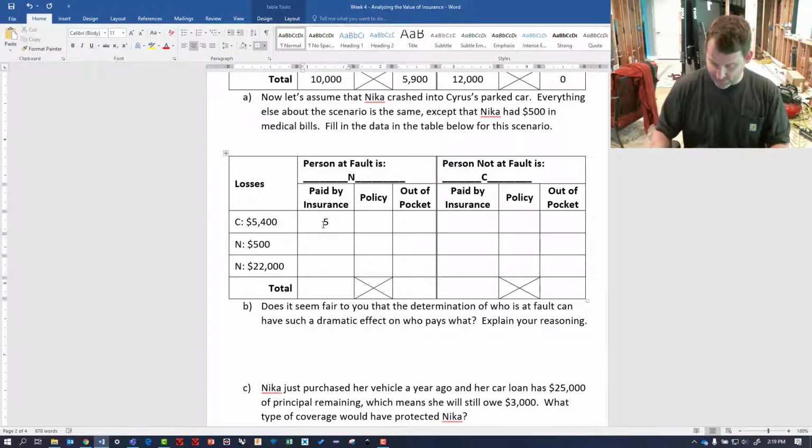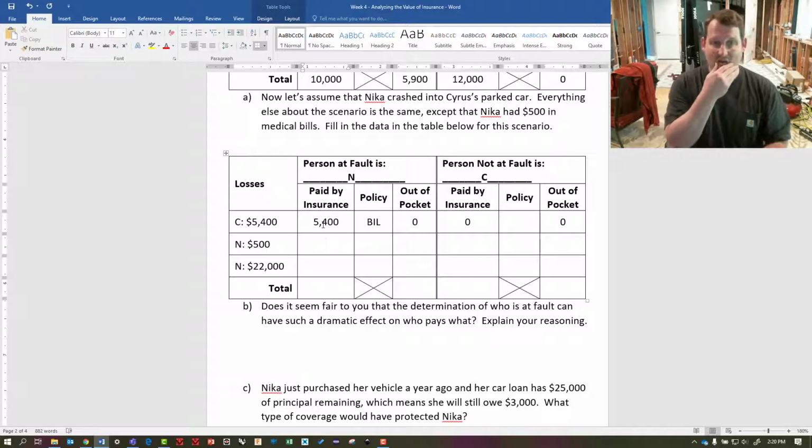Her insurance company is going to pay the full $5,400 because it's less than $25,000 per person. That's going to come from her bodily injury liability insurance. So Nika's out of pocket is $0 for this. Cyrus's insurance won't be paying any money for his bills, and he will have no out of pocket. He's good. He is covered completely.